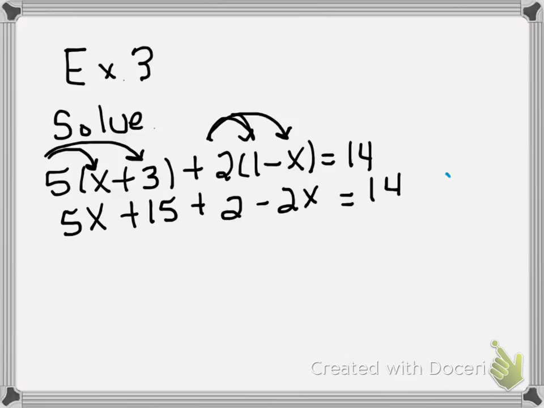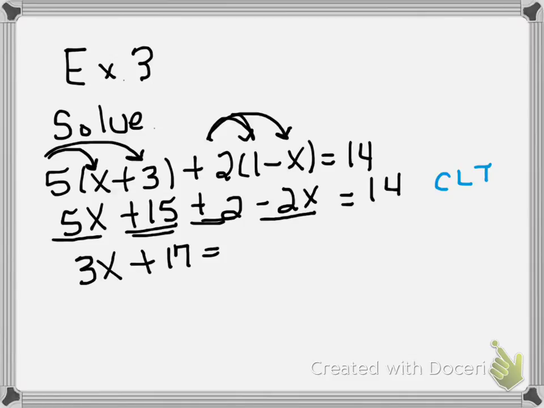Here's where I combine like terms. So I have 5x, negative 2x, which combines to give me a positive 3x, plus 15 plus 2 combines to give me a positive 17. I need to get 3x by itself.